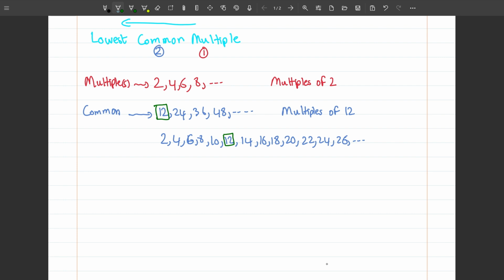But the reason why I expanded the timetable for 2 is that 24 also appears in the timetable of 12 and the timetable of 2. Which means that 24 is also a common multiple between 2 and 12. If we expanded a little more, we would find 36 and 48 and so on.